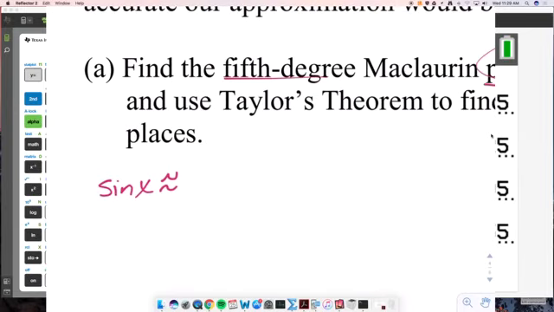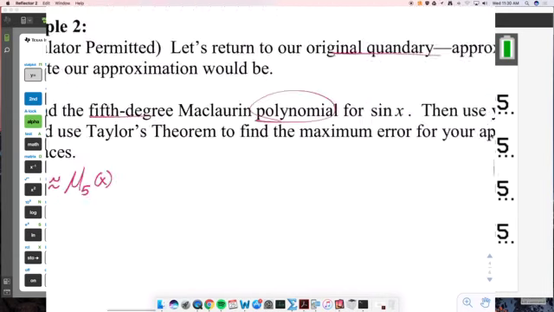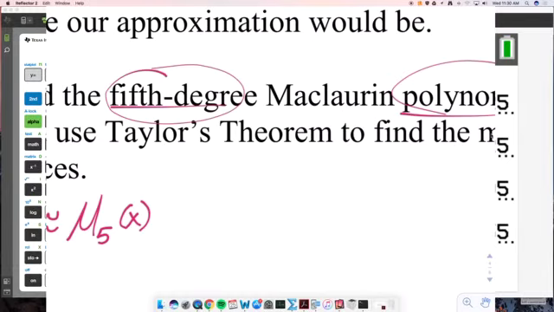The difference between series and polynomial. If you want to give it a name, I'm going to call it m sub 5 of x. M for Maclaurin, 5 is the 5th degree. So remember, if you're generating a polynomial, they'll tell you what degree to generate. If you're generating a series, they'll tell you how many terms to generate.